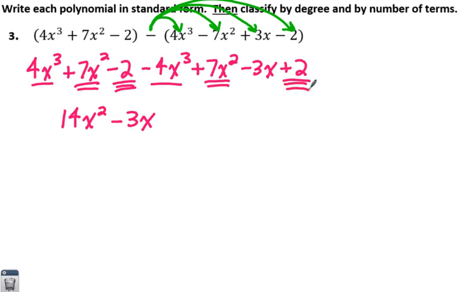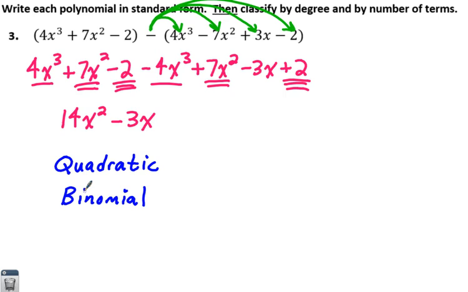So that's gone. So now to classify it, the highest power is 2, so that's quadratic, and because there's 2 terms, we could also classify it as a binomial.